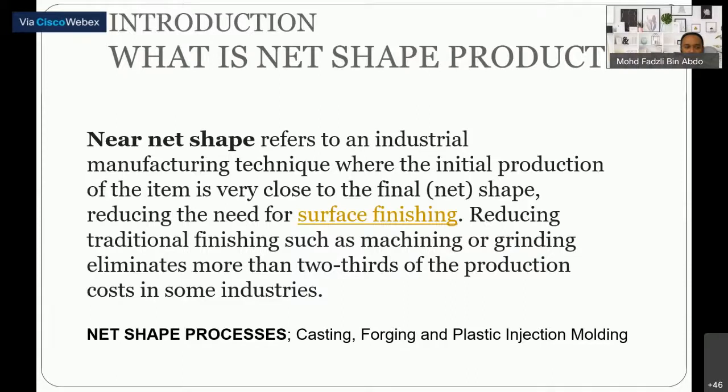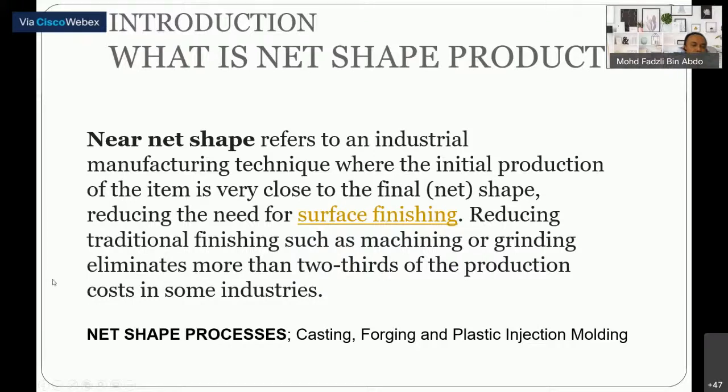And then net shape product ni juga adalah satu produk yang bila kita dah potong produk tu, dengan kata lain kita tak memerlukan the post processing, which mean the post processing maksudnya kita nak grind dia, untuk bagi dia surface finish dia tu smooth. Maksudnya tak ada yang kasar-kasar lah, tak ada bur semua tu bila kat tepi-tepi produk tu.